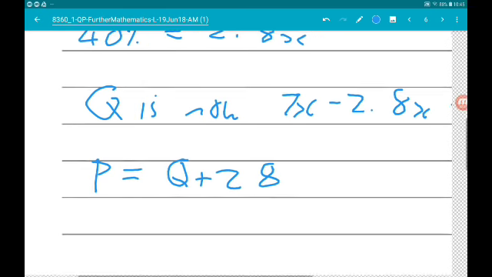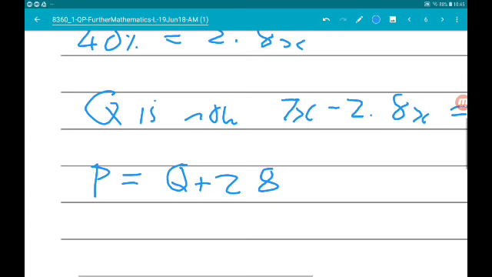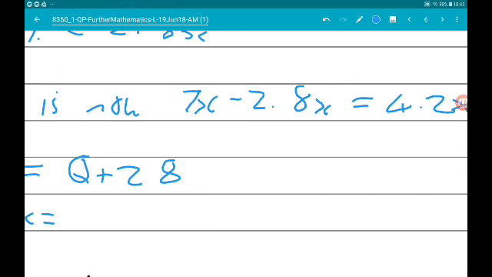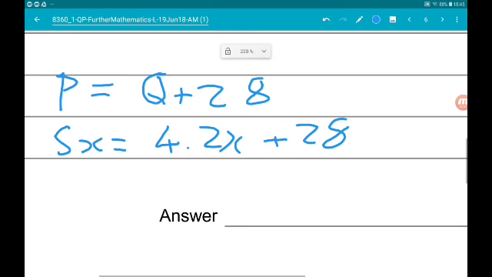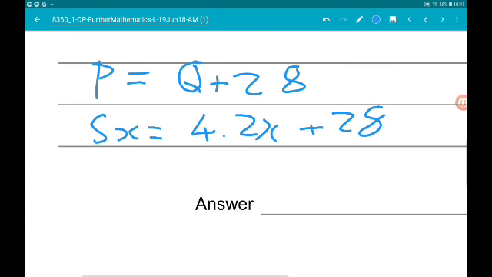So 5x is equal to 4.2x add 28. So take away the 4.2x, we get 0.8x is equal to 28.